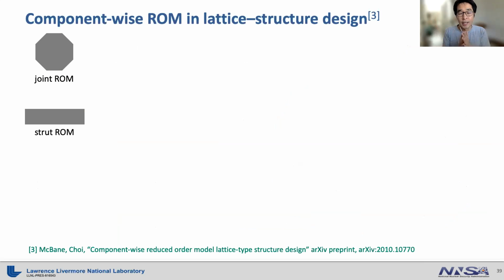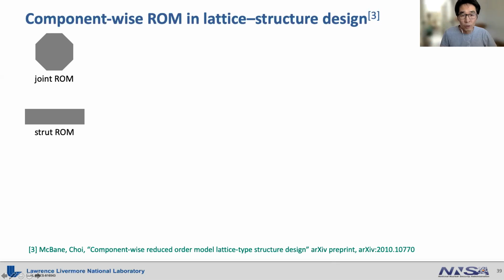If you think about it, a lattice structure has very repeated components, so it's very advantageous to apply this component-wise reduced model, because you can build, for example, a joint reduced model and a strut reduced model, and then using only those two components, you can make all sorts of lattice structures, right?